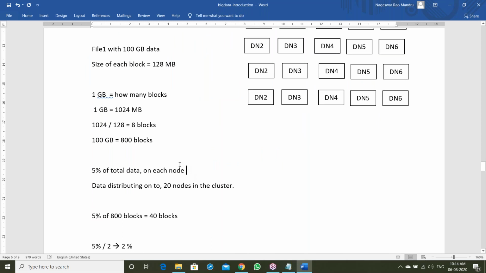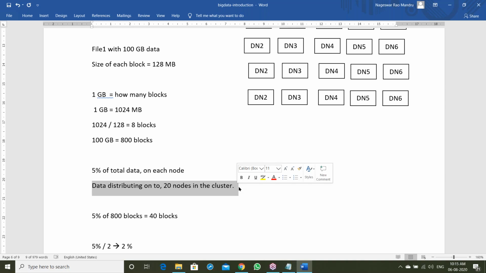The total data is 100 GB, so 5% of 100 GB is simply 5 GB. So 5% of the total data goes on each node. How many nodes in total? 5% times 20 is 100%, so 20 nodes. Your data is distributed onto 20 nodes in this case of around 100 GB.